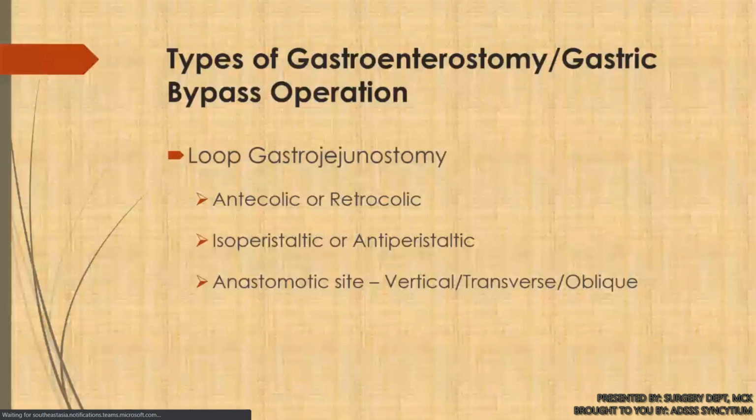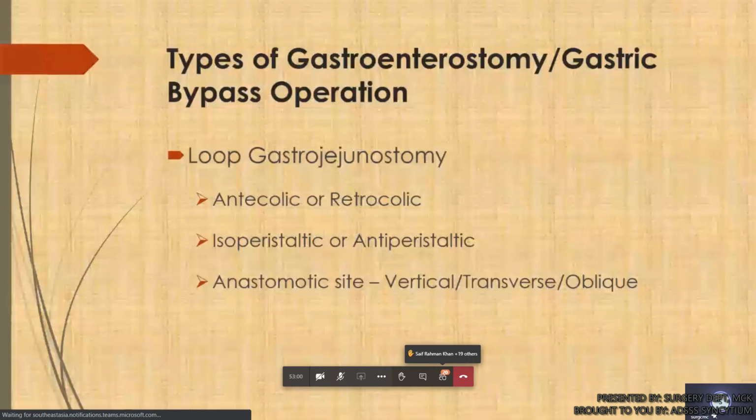Either loop gastrojejunostomy, anticolic, in front of the transverse colon, or retrocolic, behind the transverse colon.